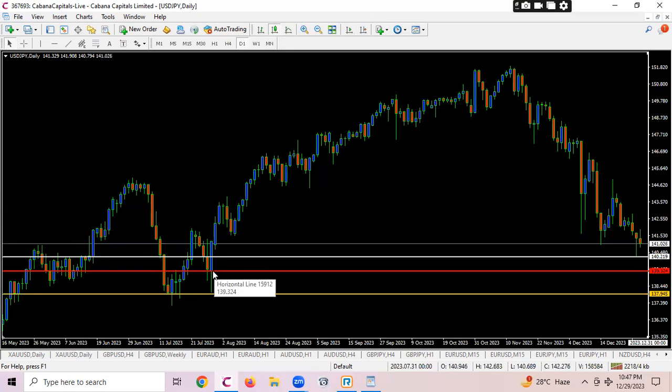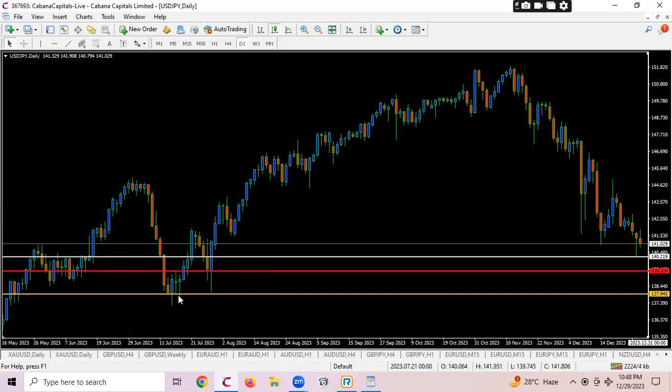When a bullish candle closes after a bearish candle, a support is formed. You can see before the formation of this bullish candle, we had a bearish candle. So after the close of this bullish candle, this level became a support level.